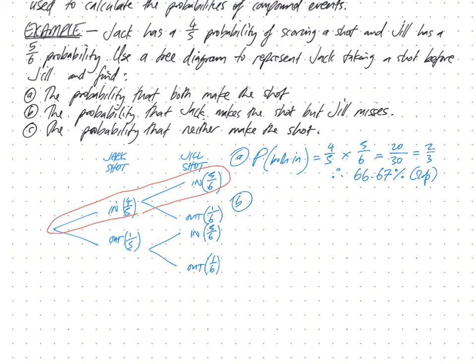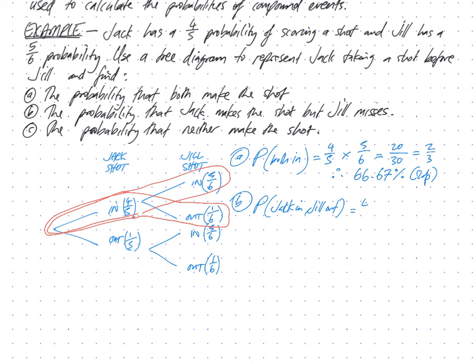B, the probability that Jack makes the shot but Jill misses. So I need to consider the branches that fit with that outcome. Jack makes the shot, so that's this again. But Jill misses, so it's not the top branch anymore. It's this bottom one for Jill's step. So now it's going to be the probability Jack in, Jill out.